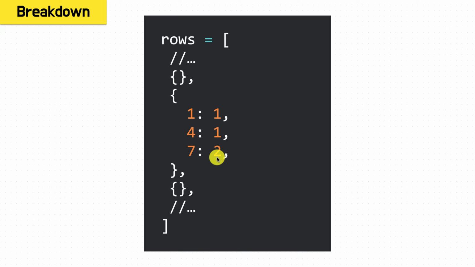But then as we were iterating through, we saw 7 again. So then we incremented this number from 1 to 2. Anytime we see the count has gone over 1, we know it's not valid. This means there's a duplicate in either the row, column, or subsquare. And when we have a duplicate that's indicated by a number greater than 1, we know the Sudoku board is not valid, and then we can return false immediately.